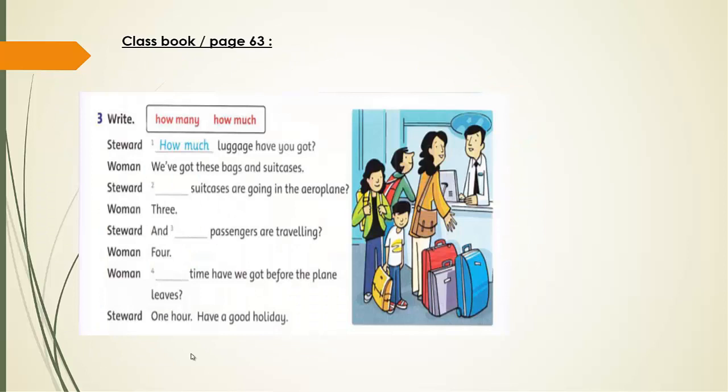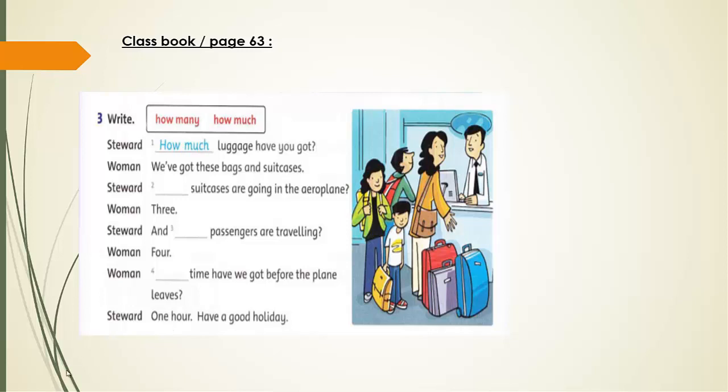So now let's go to the class book exercise, page 63. Try to do this exercise. Okay, now I think it's clear and you all understand what I mean by the quantifiers, how many and how much.